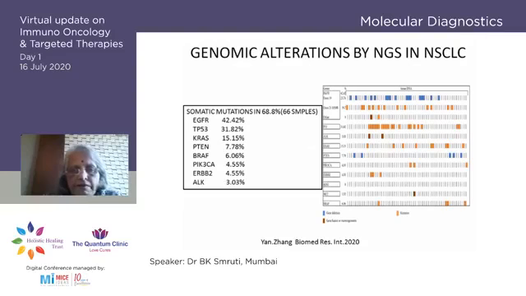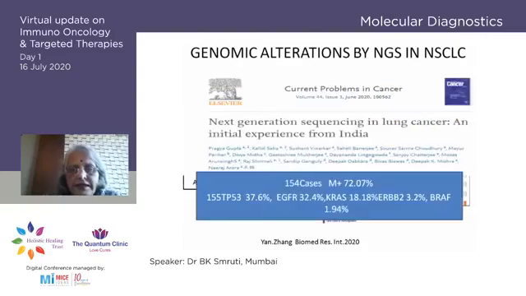Next slide. And this is the recent data from the TMC, which is the next generation sequencing in lung cancer and Indian initial experience of 154 cases. They looked at the mutations in 72% of the patients, the most common being TP53, 6%, EGFR in 32%, KRAS in 18%, ERBB2 in 3.2%, and BRAF in 1.94%.